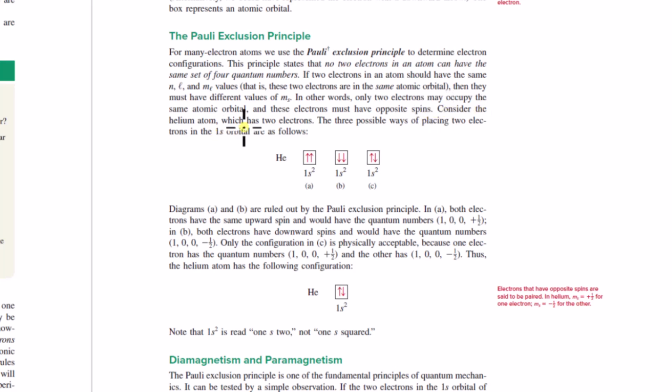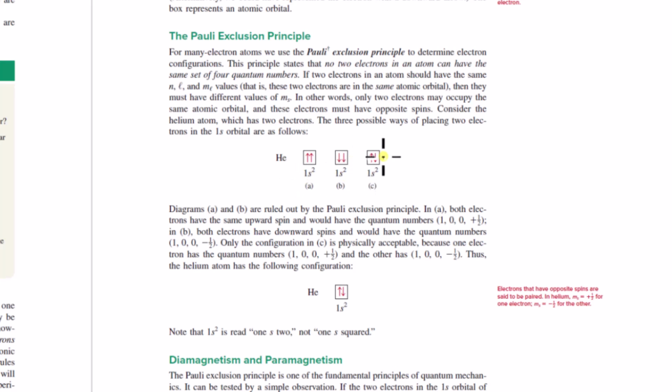Consider the helium atom, which has 2 electrons. The 3 possible ways of placing 2 electrons in the 1s orbital are as follows. There's only 3 possible ways. These 2 ways violate the Pauli Exclusion Principle. Only this way does not. From the standpoint of an orbital diagram, you can see the spins, whereas the electron configuration notation doesn't specify the spins at all.